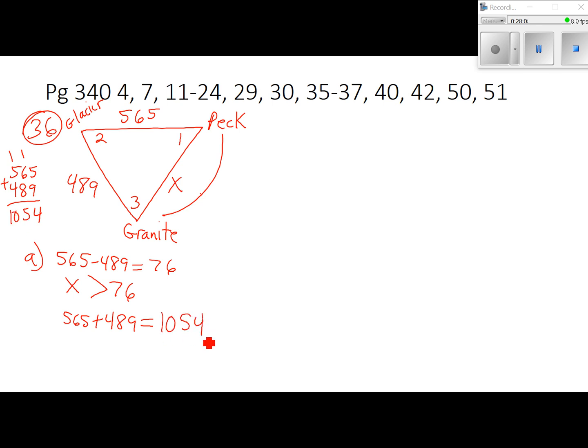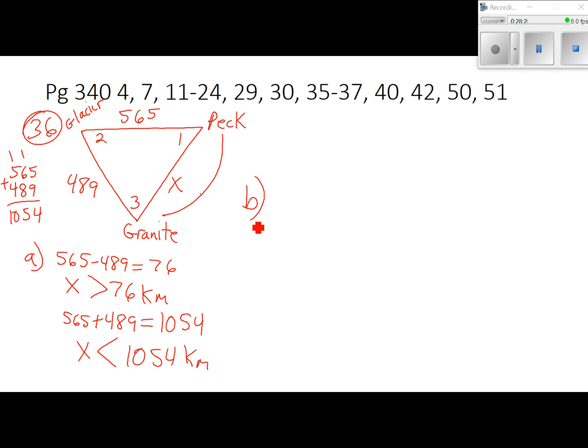So the longest it could go up to is, or x has to be less than 1,054 kilometers. These are kilometers. So we know that the distance has to be between 76 kilometers and 1,054 kilometers.